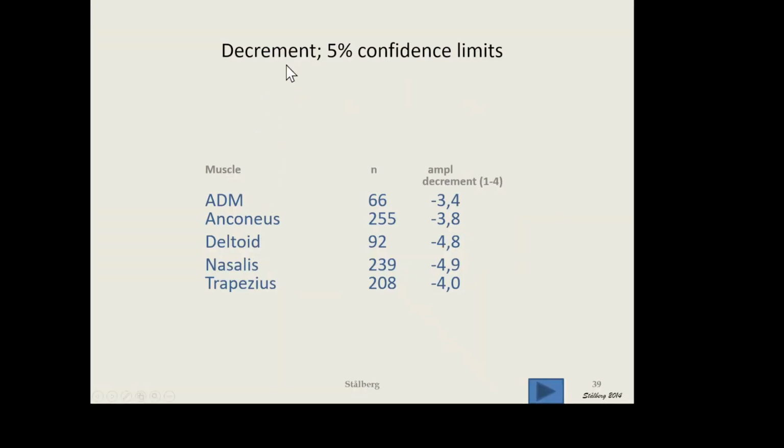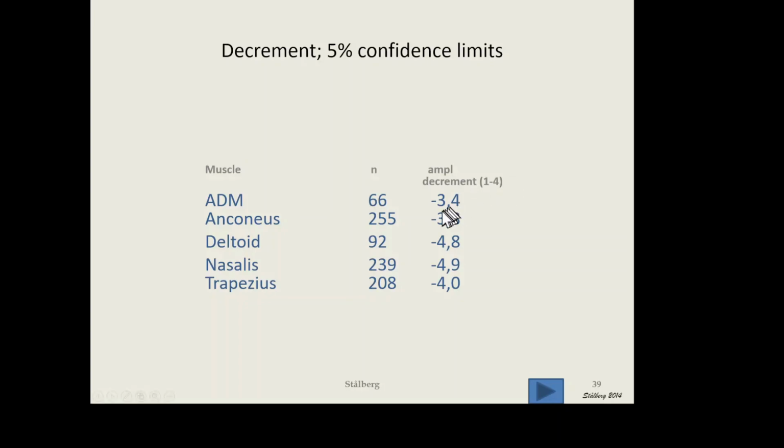What about normal reference limits? Well, some laboratories use 10%, others higher. There is actually no decrement in the normal muscle at all, but we must allow something for technical reasons.